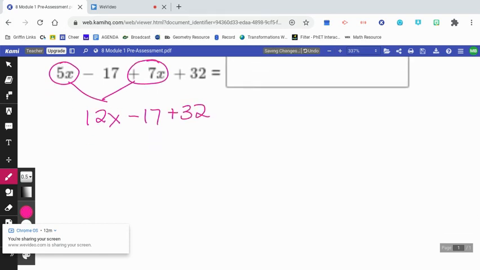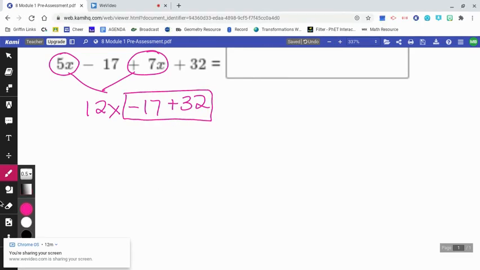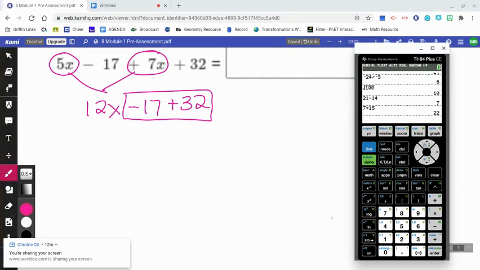I cannot combine x's with my plain integers, so I'm holding off on that 12x, but now I can combine this negative 17 plus 32, okay? Come back to my calculator. I've got negative 17 plus 32. And that gives me 15. And that's a positive 15.